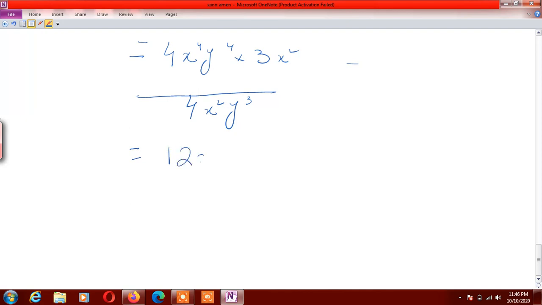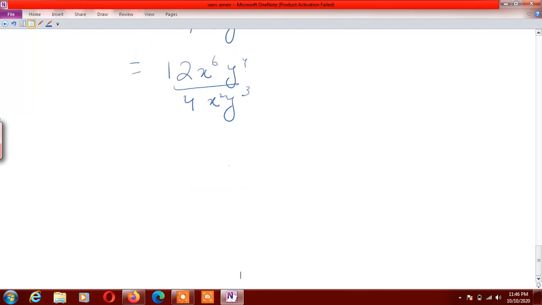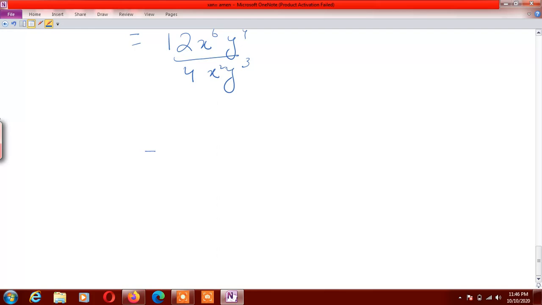So 4 threes are 12, x power 4 in the numerator and x square in the numerator, bases are the same, so it will be x power 6, y power 4 will remain the same, divided by 4x square y cube. Now in division, 12 is going to be divided by 4, so 4 threes are 12, the x bases are the same, so we subtract the powers: 6 minus 2 and 4 minus 3. 6 minus 2 is 4 and 4 minus 3 is 1.